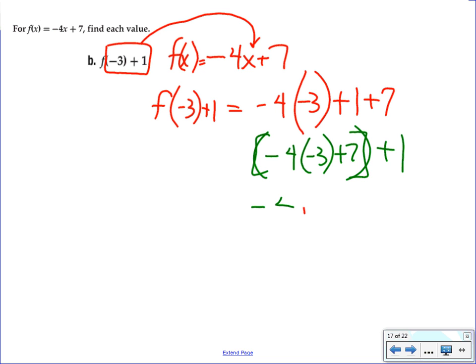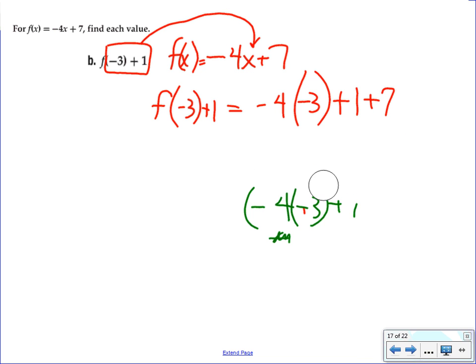So negative 4 times negative 3 plus 7. So that's negative 12 plus 7, is positive, hello. That's what I did wrong up here. That's all I did wrong.